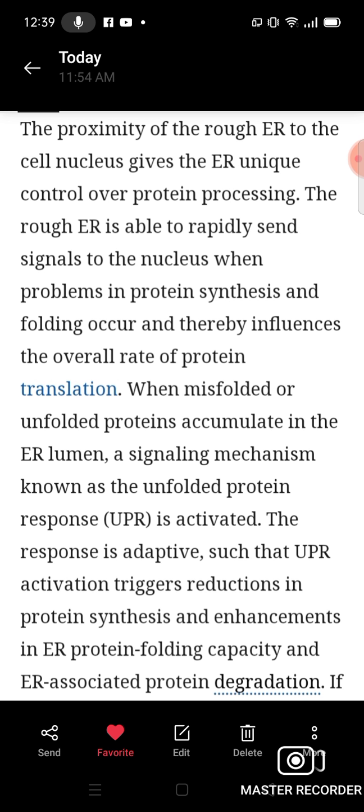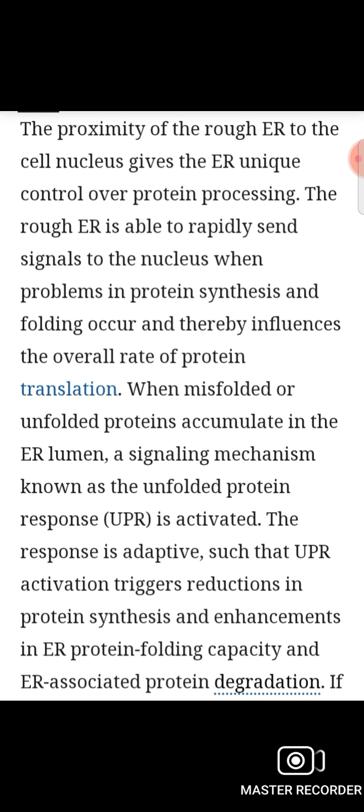Because if that improper protein, which has an error, is formed, then the cell or our body would not function properly. So that protein is degraded by the cell if there is any error in protein formation.